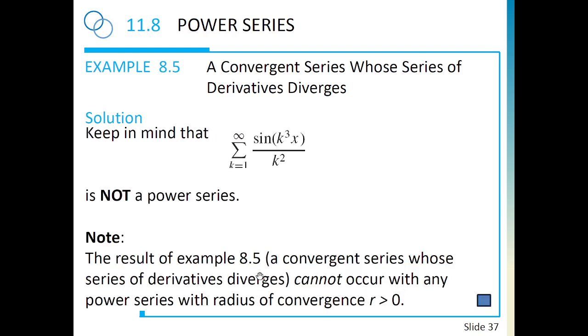So that's what it says here. In the case of power series, you cannot have the derivative series not convergent. It will be convergent in the same interval with the same radius. Again, the interval will differ only at the endpoints. Maybe sometimes endpoints are in or out, depending on the situation.